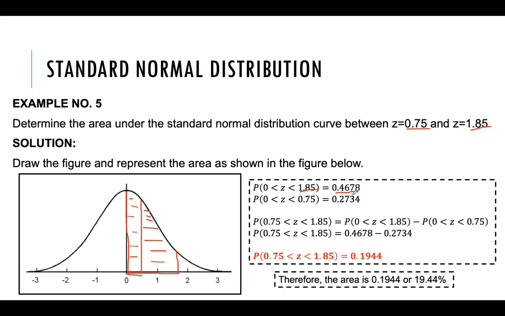So, yung 0.4678 na value of the z value of 1.85, minus yung area between ng 0 and 0.75 na z value. So 0.4678 minus 0.2734 equals 0.1944. So the probability of the area between the z value of 0.75 and 1.85 is 0.1944 or 19.44%. So the area between the two given z values is 19.44%.